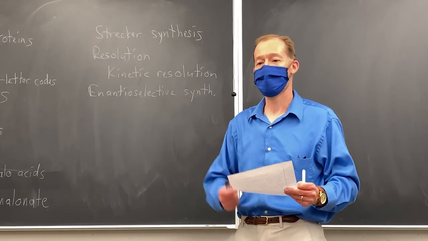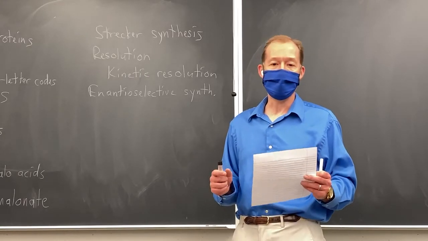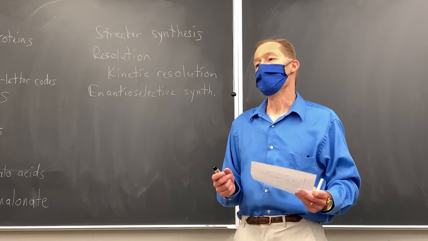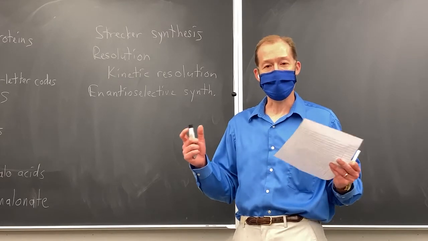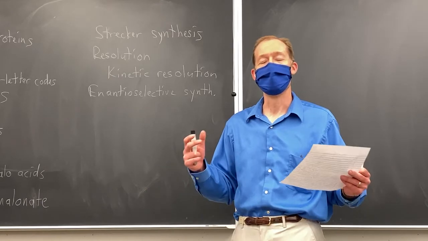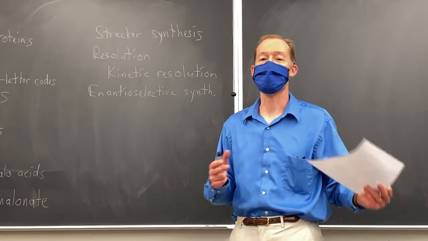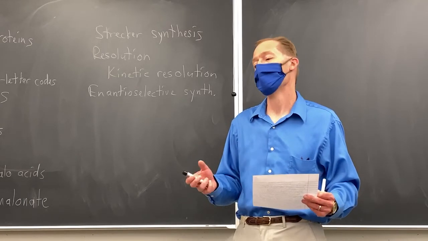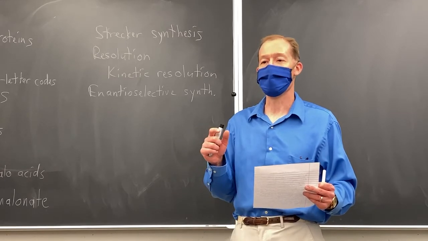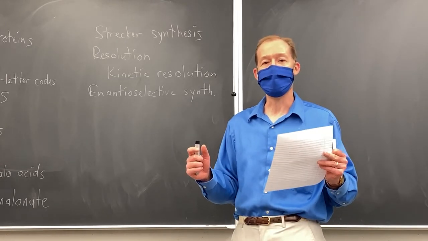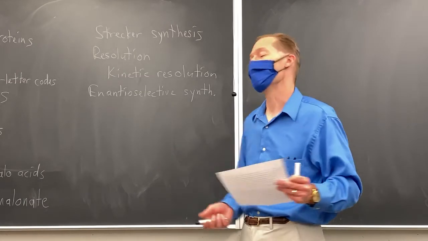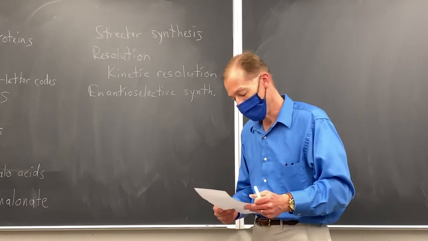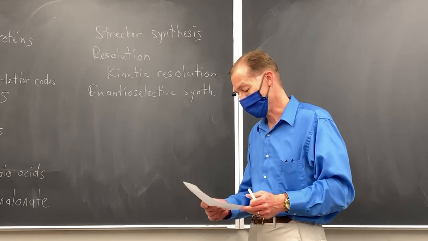The only way to get a major enantiomer and a minor enantiomer is to have transition states of differing energies leading to those enantiomers, so that one enantiomer is formed fast, the other formed slow. This is accomplished by using a single enantiomer of a chiral catalyst. And because you have a single enantiomer of the chiral catalyst, the transition states leading to each enantiomer of the product are diastereomers of each other. If you remember that general principle, that's the take-home message each time we talk about enantioselective synthesis in class.